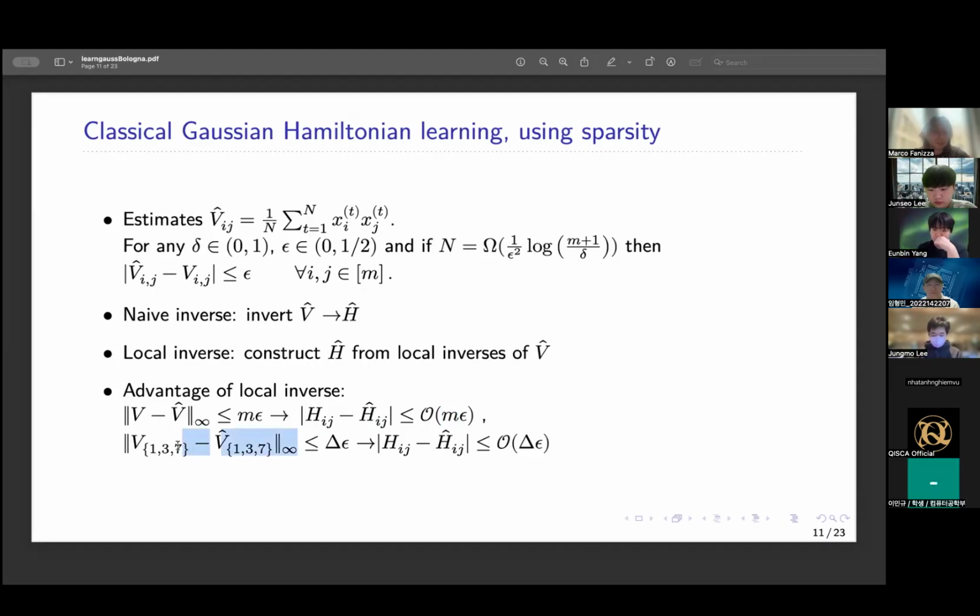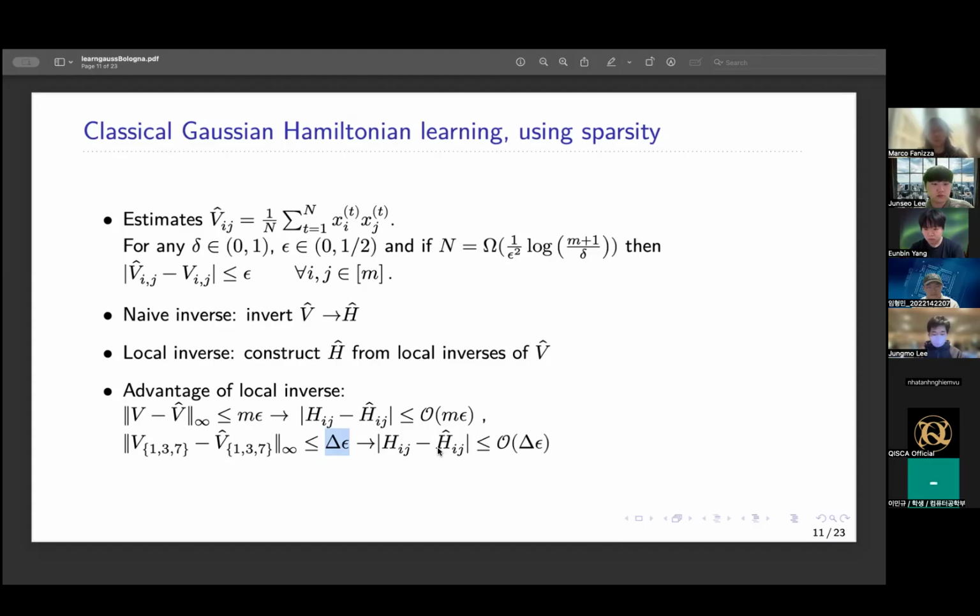On the other hand, if you only invert local matrices, these will have size at most delta, which is given by the degree of the graph. And therefore, the operator norm error will be bounded by something that goes like delta times epsilon. And then the entry-wise error for the Hamiltonian matrix will also scale with delta rather than with M, and this will not spoil the dependence, which is logarithmic in the number of modes.